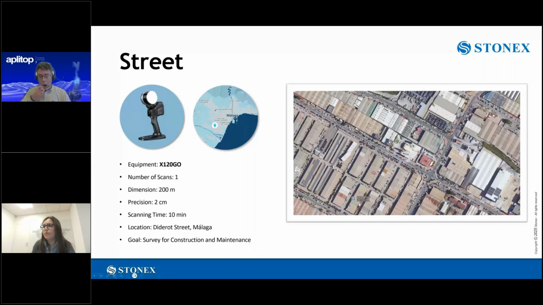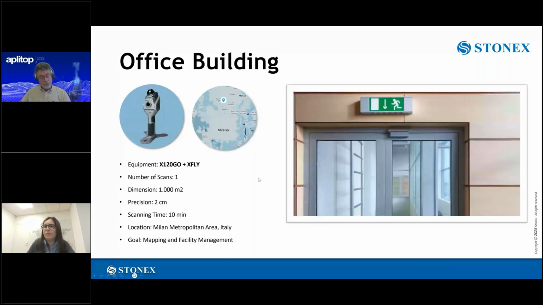Now we move to an indoor office building, and in particular we will see how to manage data coming from our scanner X40Go with the use of geotags. In this case, we made a single scan of about 10 minutes, and with the use of our Go app, we were also able to take some photos of elements present in the area and use them, for example, for facility management.